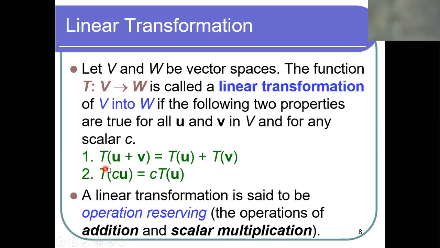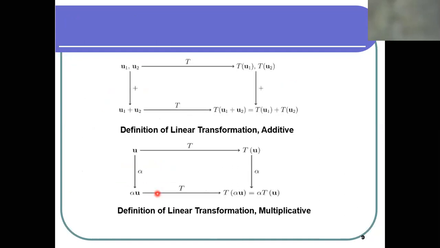Over here it is basically vector addition, and this is vector scalar multiplication under T. So dear student, once again, as I told you while discussing vector space and subspace, the whole of linear algebra evolves around vector addition and scalar multiplication. So this is a vector addition under T, and this is a scalar multiplication under T.